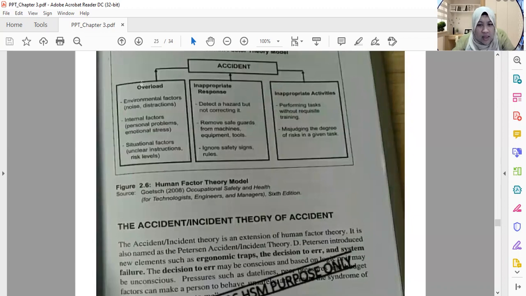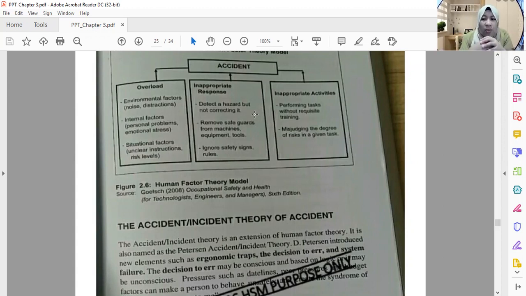Under accident just now, we have environmental factors, internal factors, situational factors, and then inappropriate response: detecting a hazard but not correcting it, removing safeguards from a machine, for example you use a safety helmet but you do not lock it, so you remove some guards there, and then ignoring safety signs, where you don't even bother with reminders like safety first, please use this green button.